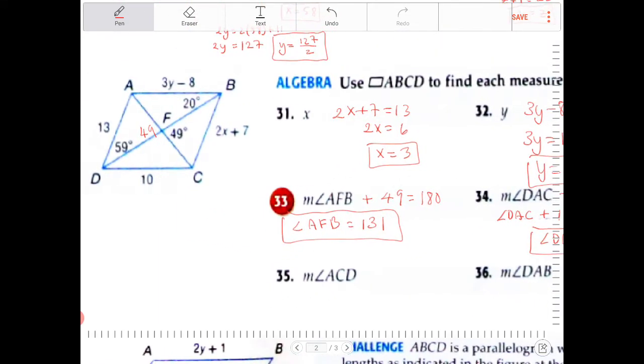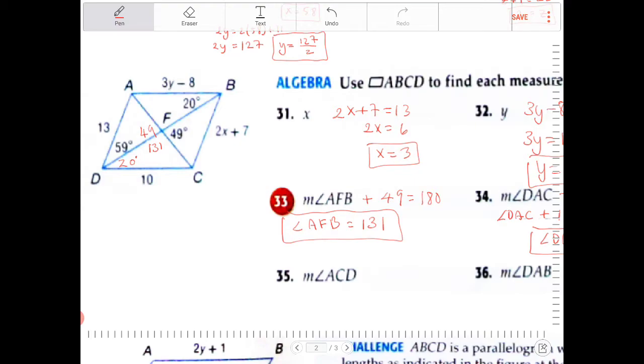All right, we're looking for ACD. Since we know angle AFB to be 131, and we know that ABF is 20 degrees, therefore BDC should also be 20 degrees because of alternate interior angles.